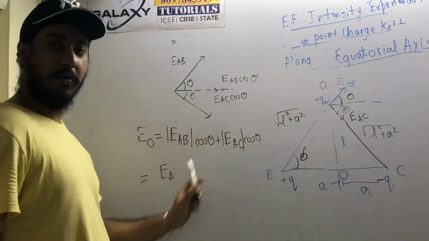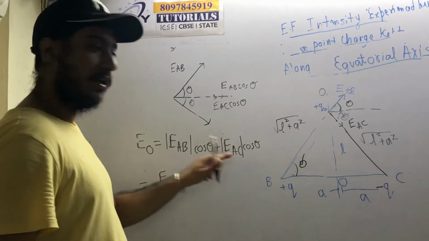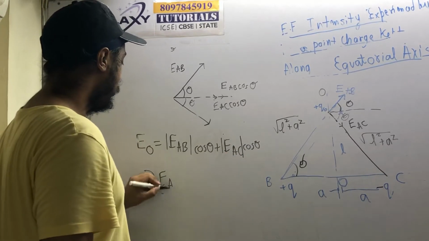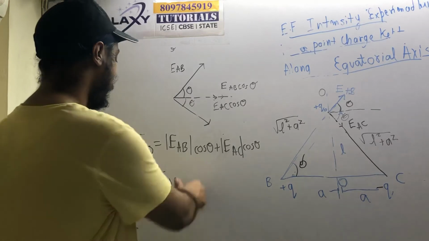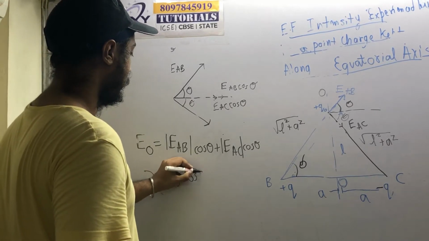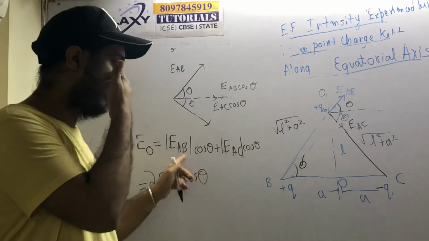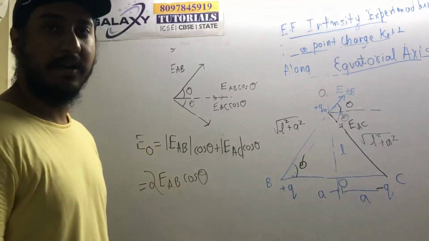Only the cos theta component will be taken into consideration here. So E_AB is equal to E_AC, and I can write 2 E_AB cos theta, because these two will be added, as both are of the same magnitude.